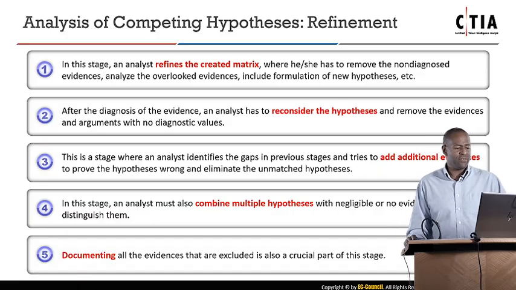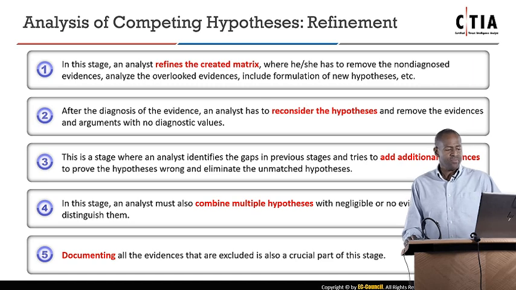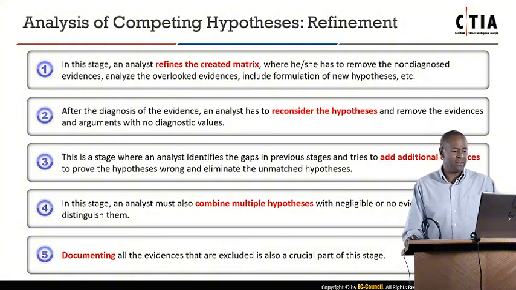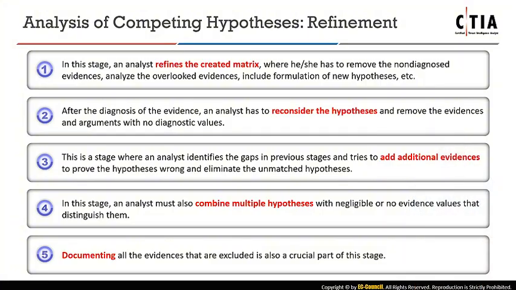And number two, after the diagnostic evidence, we go through that diagnosis. The analyst has to consider the hypothesis and remove the evidences and arguments with no diagnostic values. All right, we get rid of those. We already talked about that a little bit. Stage three, where an analyst identifies the gaps in previous stages and tries to add additional evidences to prove hypothesis wrong and eliminate unmatched hypotheses.